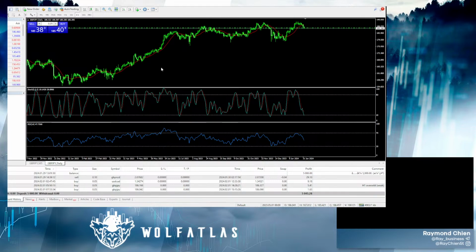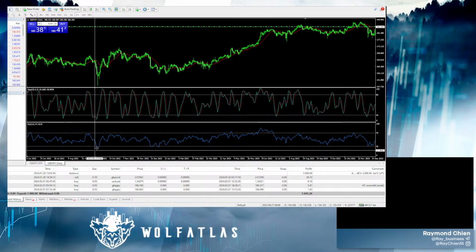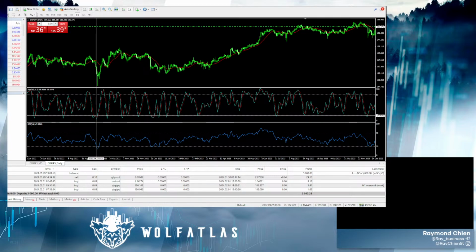And also you want to find the oversold areas of the RSI along with the oversold areas of the stochastics. With this being said, we can get started to see how it works.